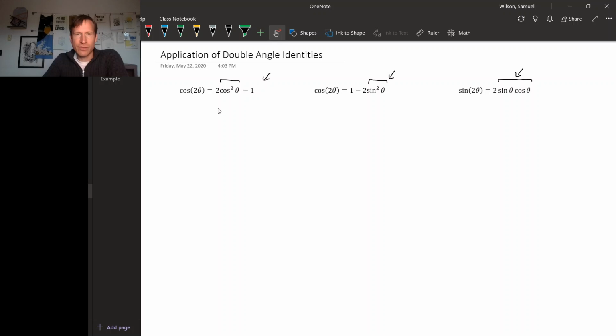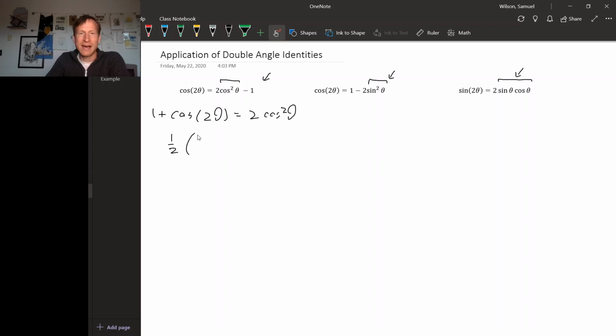So for this first one, we could subtract 1 from both sides. You'd get... add 1 to both sides. You get 1 plus cosine 2 theta equals 2 cosine squared theta. And then divide everything by 2.